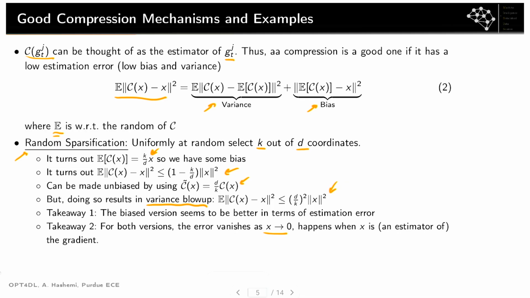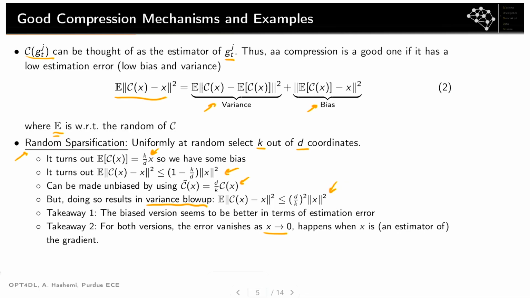On the other hand, if we were to send models, model parameters themselves, those are not quantities that necessarily go to 0. So the optimal parameter is not necessarily 0. The optimal model is not necessarily the model where all the weights are 0. And in fact, it is not the case.